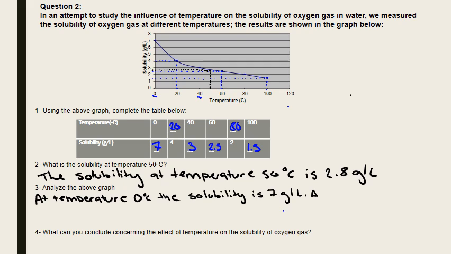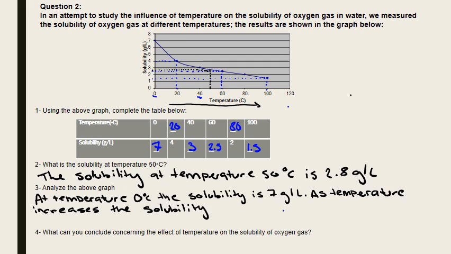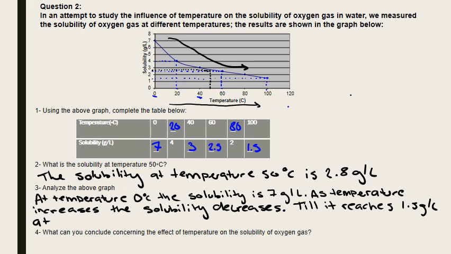As temperature increases, what's happening to the solubility is that it's decreasing, okay, it's going down, so the solubility decreases, till it reaches 1.5 gram per liters at 100 degrees, and that's how we analyze this graph.